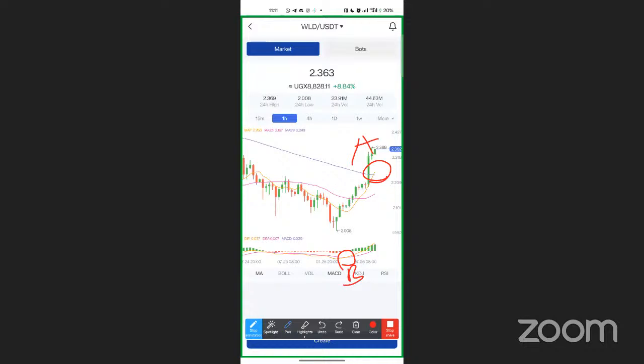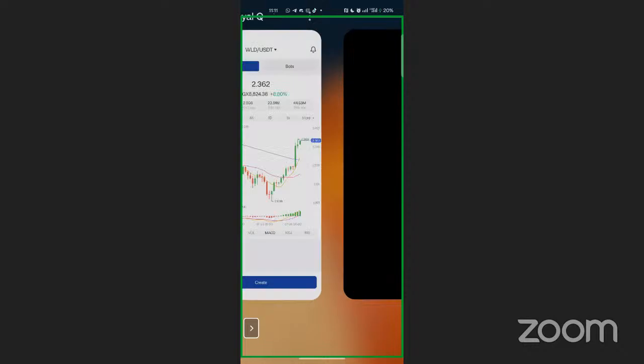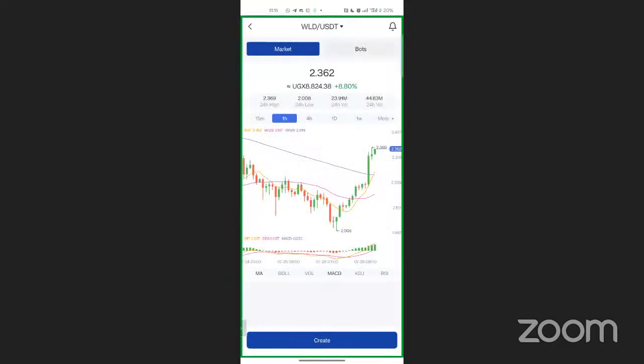Now, I just want to remove the moving averages and change to the Bollinger Bands. The other time, when I was doing my training, I said that if you don't use the moving averages, you can use the Bollinger Bands.